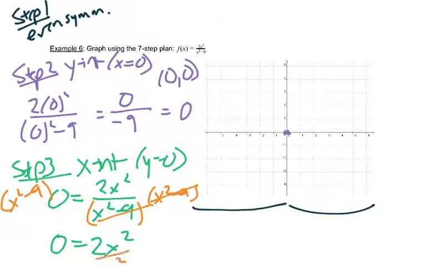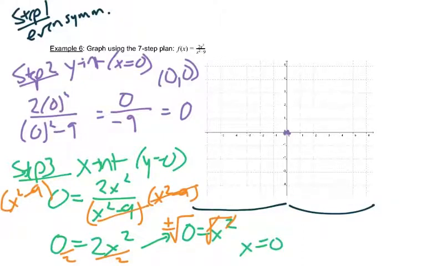We divide both sides by 2, and 0 over 2 is still 0. And then we take the positive and negative square root, but that is still just 0. So again, this gives us that same point, (0, 0), right there.